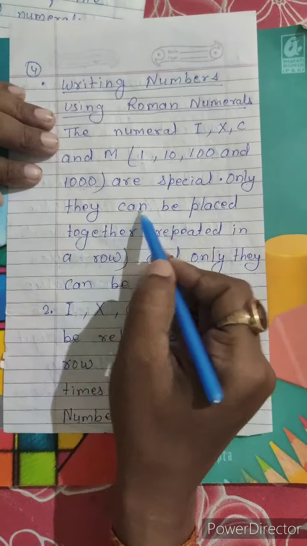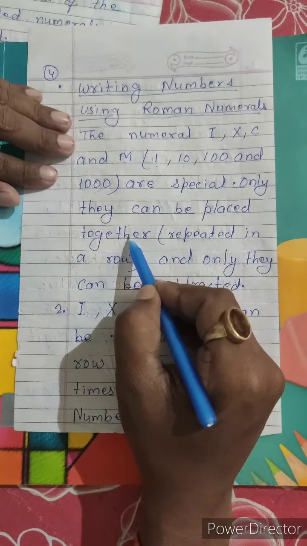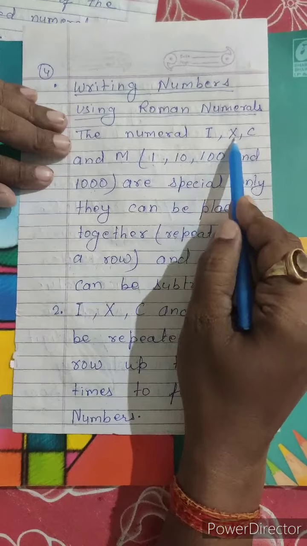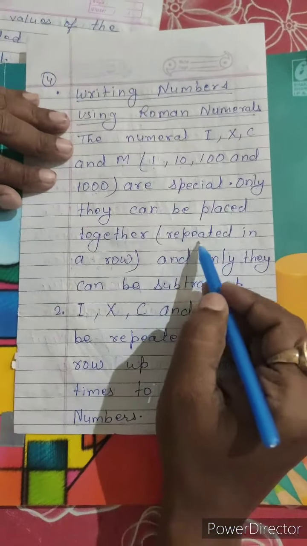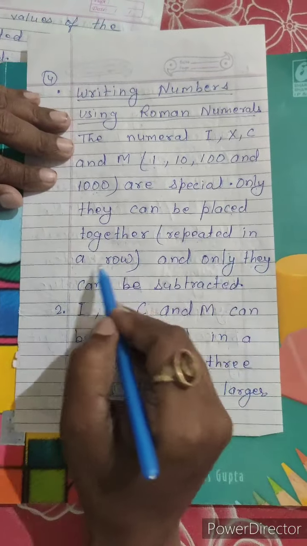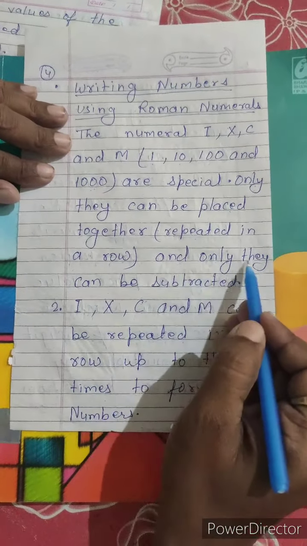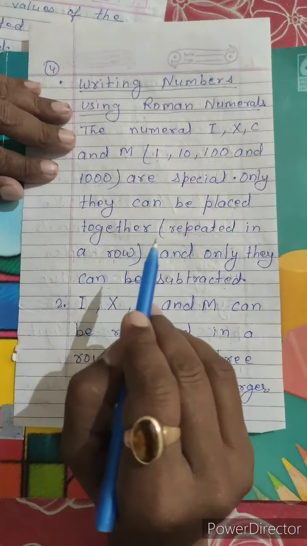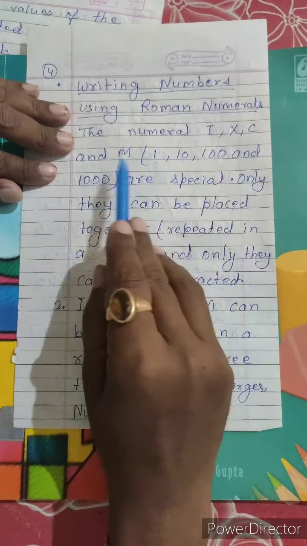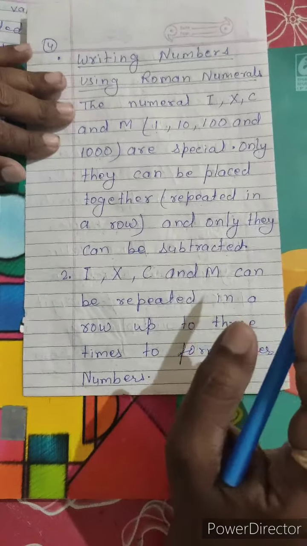Only they can be placed together, means repeated in a row, and only they can be subtracted.